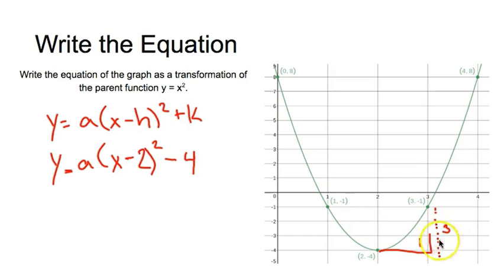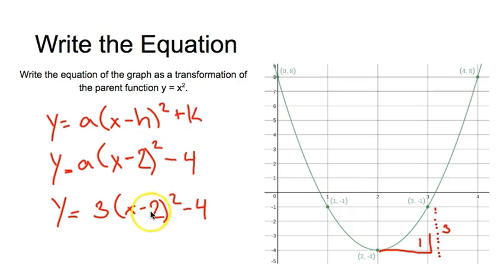So our expected increase was 1, and then we instead went up by 3. So in order to figure out what it is, I have to know what number I multiplied times 1 to give 3. Well, that's easy. If I do 3 divided by 1, it's going to be 3. So I know that y equals 3 times x minus 2 squared minus 4.